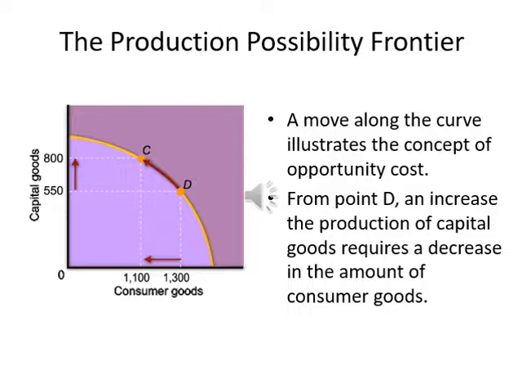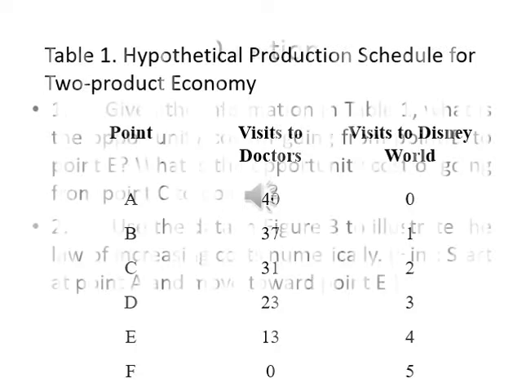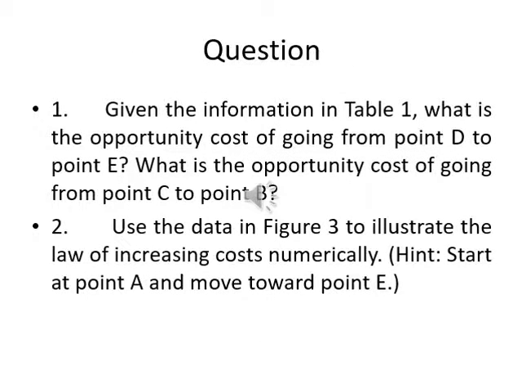Hypothetical production schedule for two-product economy. Question 1. Given the information in Table 1, what is the opportunity cost of going from point D to point E? What is the opportunity cost of going from point C to point B?